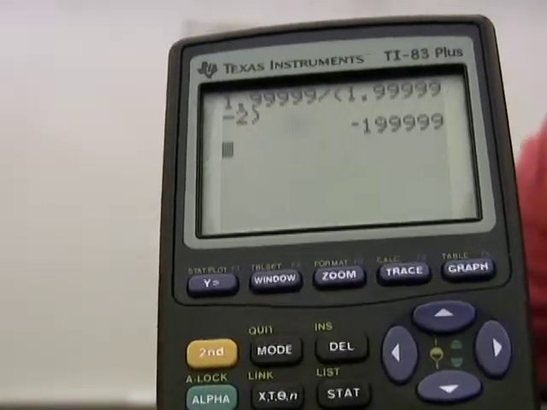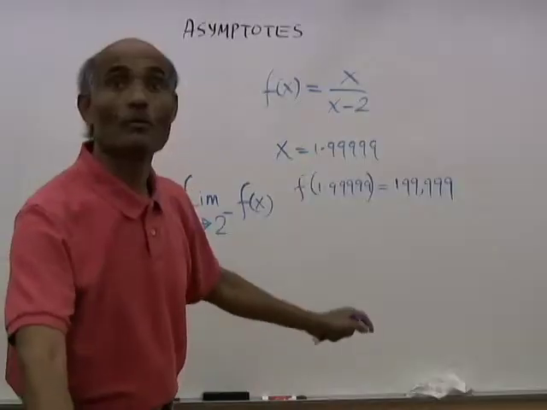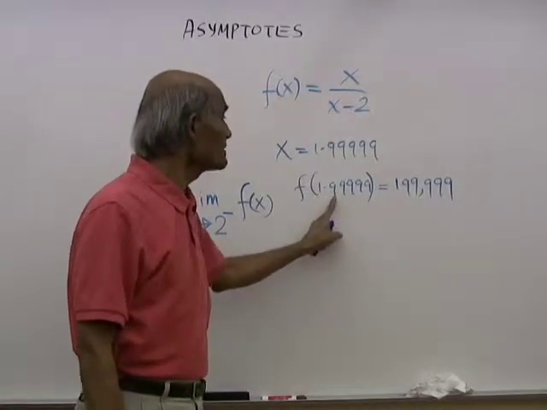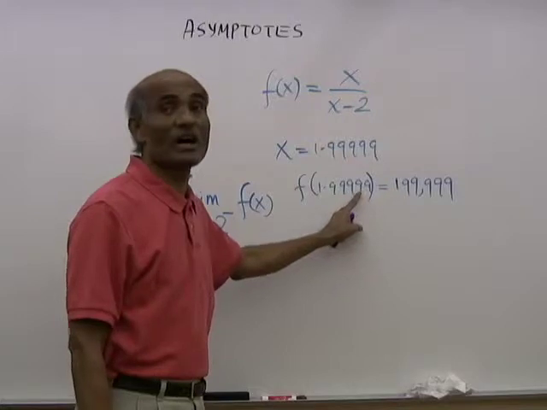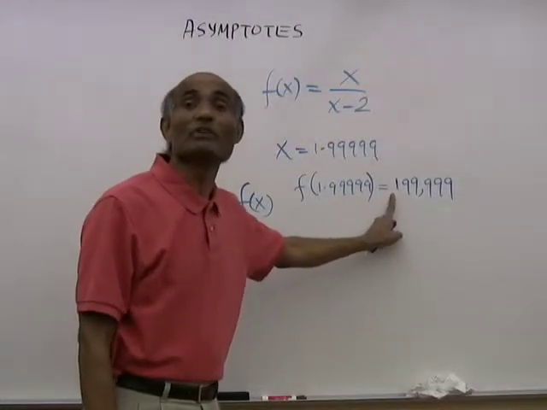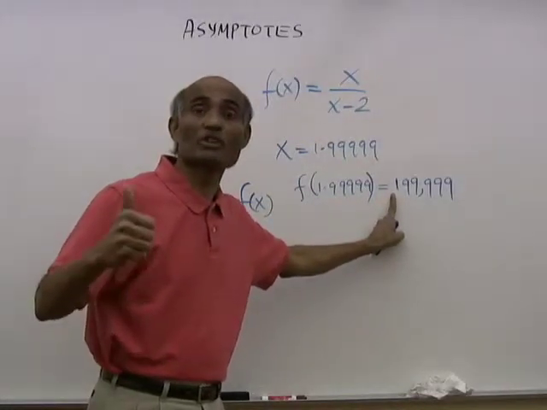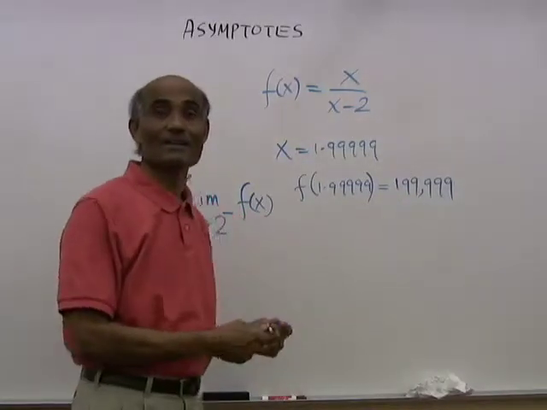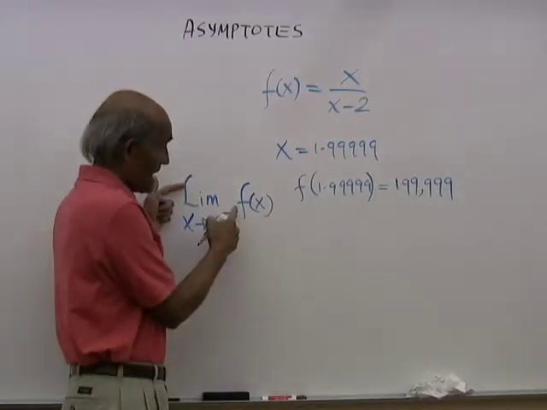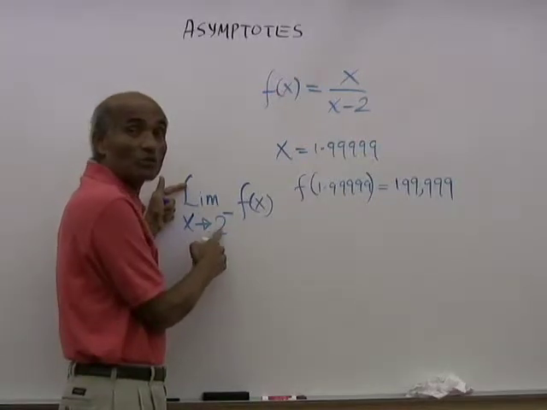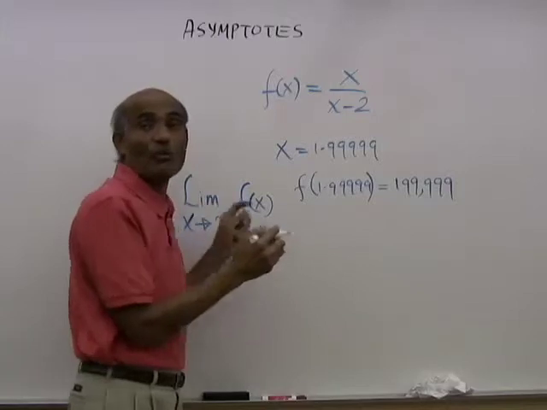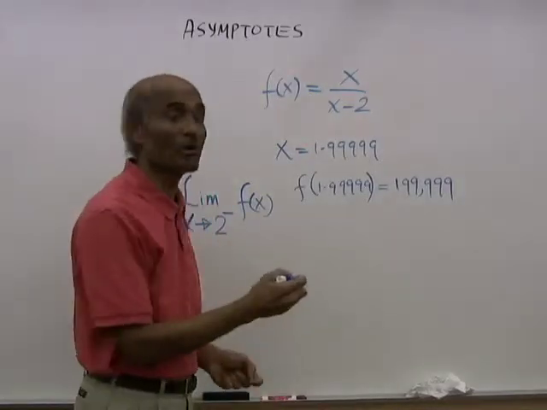So when you replace your x by 1.99999, the function value is negative 199,999. As x gets closer and closer to 2 from the left, where is the function value going?